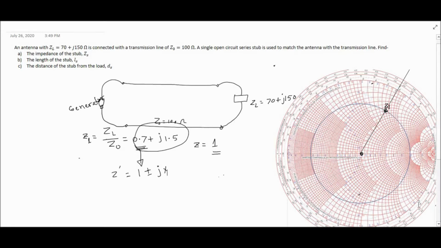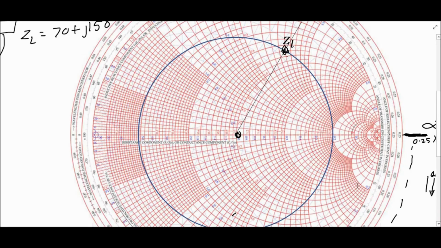So go to the Smith chart now, and if you look at this Smith chart, you can see the center. The R equal to 1 line is somewhere here. So at this point you have R equal to 1. We need to move from the load up to this point.